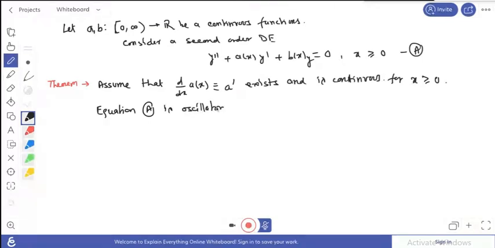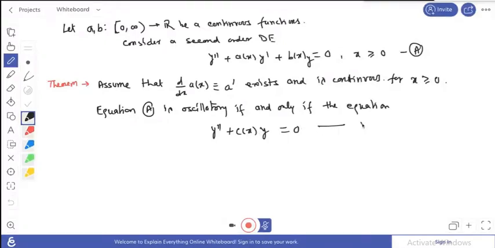If the derivative of that exists, of course continuous, then this equation A is oscillatory if and only if, ये oscillatory कब होगा, जब आपके पास एक equation होगी, and that equation is in normal form, if and only if the equation y double prime plus c(x) y equals 0, and suppose this is equation number B, okay. This equation is oscillatory, okay.